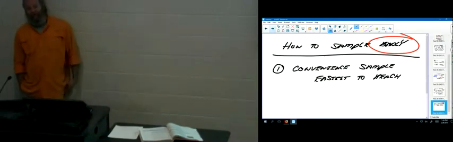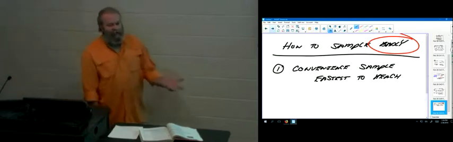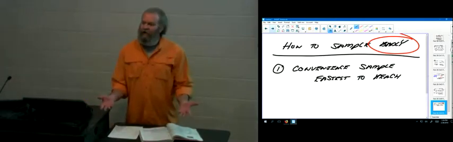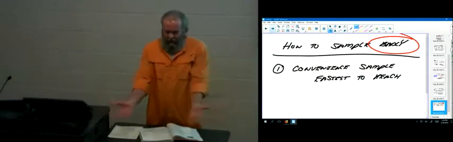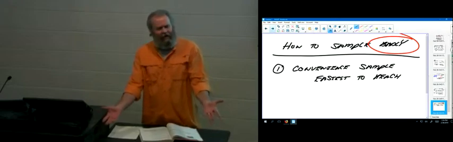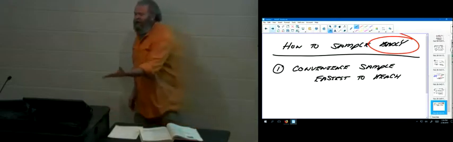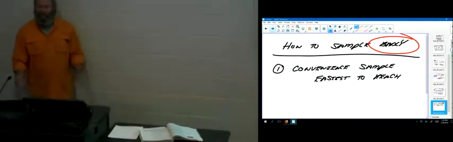That would be a convenience sampling. Why? I'm sampling the easiest to reach, right? The first 20 that come to me, those are who I talk to. Now, do you think that that would be representative of the entire undergraduate population at ETSU? And the answer is, no, probably no way, right? That's not good. We don't like this idea of sampling the easiest to reach. We don't like this idea of a convenience sample.